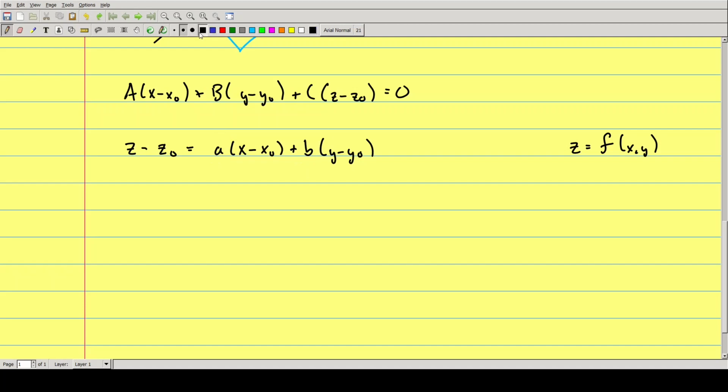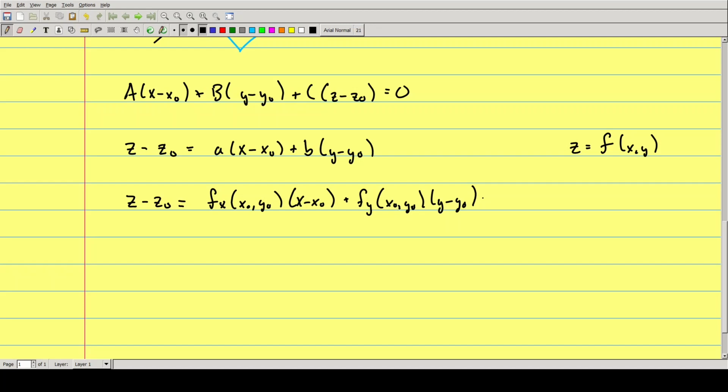Now, fortunately for us, there is a small amount of justice. And it turns out that these values are, like they are in the case for tangent lines, the value of the derivative at the point that we want to find the tangent plane.